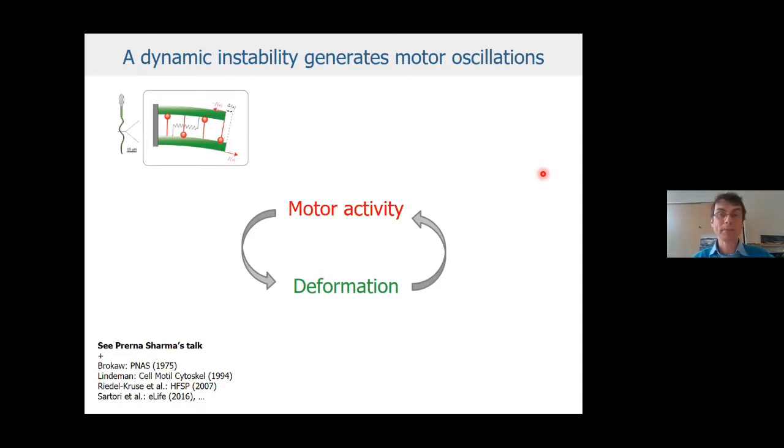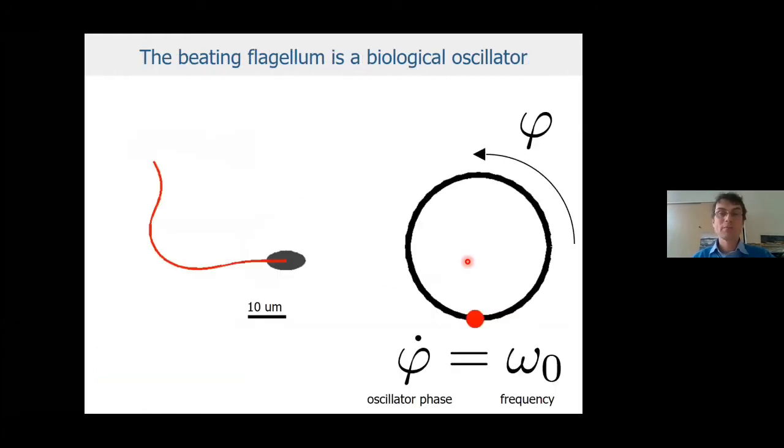And it is then more or less a consensus that this geometric deformation of the axoneme in turn controls the local activity of the molecular motors, giving rise to a closed feedback loop. And different specific theories of how cilia beat can be distinguished by different mechanisms by which specific geometric deformation controls motor activity. But we will not go into this today.